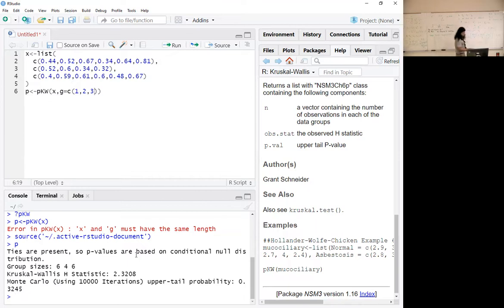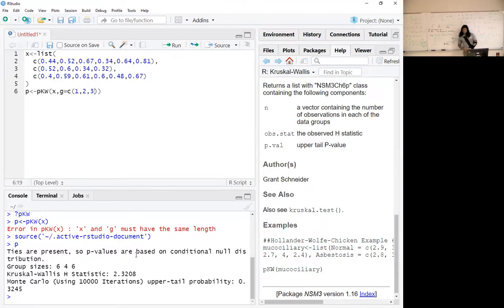So chi-squared distribution. We need the degrees of freedom. What is the degrees of freedom? Two. It's k minus 1, number of groups minus 1. So 3 minus 1, I get 2.